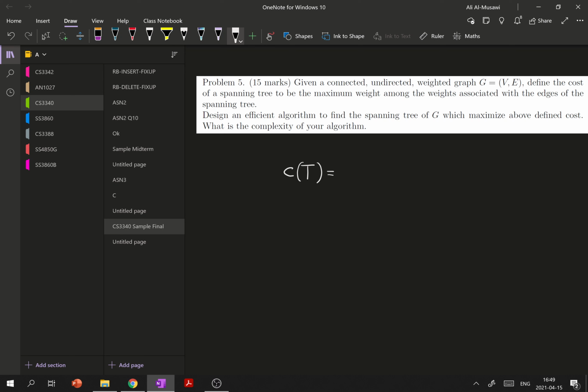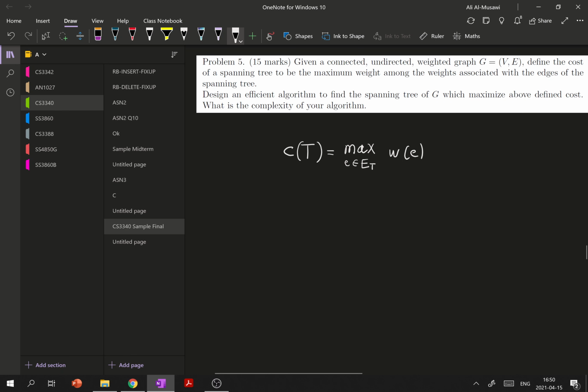And the cost will be defined to be the max among all edges E in capital E, but this is only edges of the tree, of course. So E in T, and then the weight of E. Okay, so this is exactly the cost.